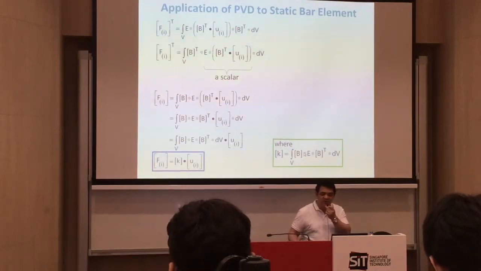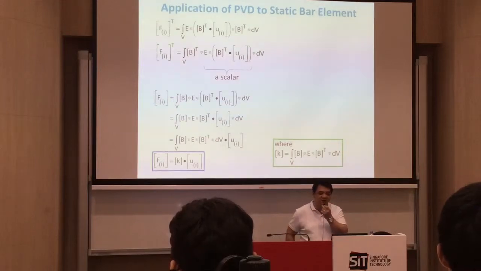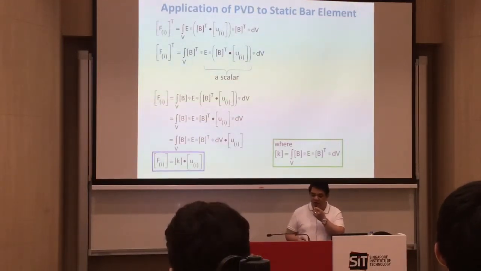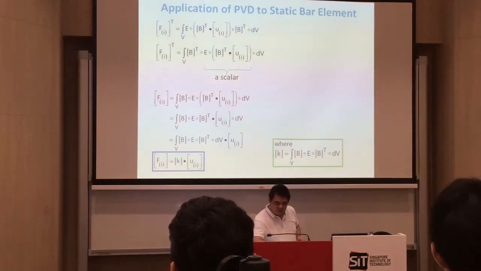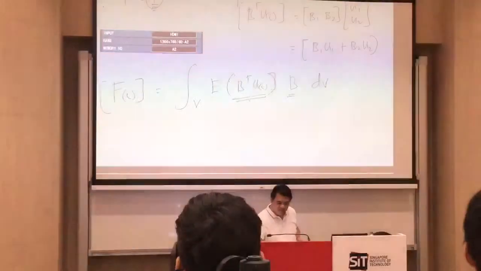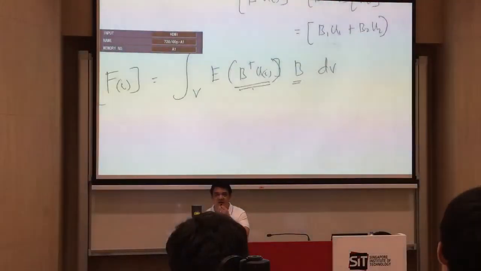There are many ways to skin a cat, so this is just one of them. The other one is the method of weighted residual. So what did we present earlier?